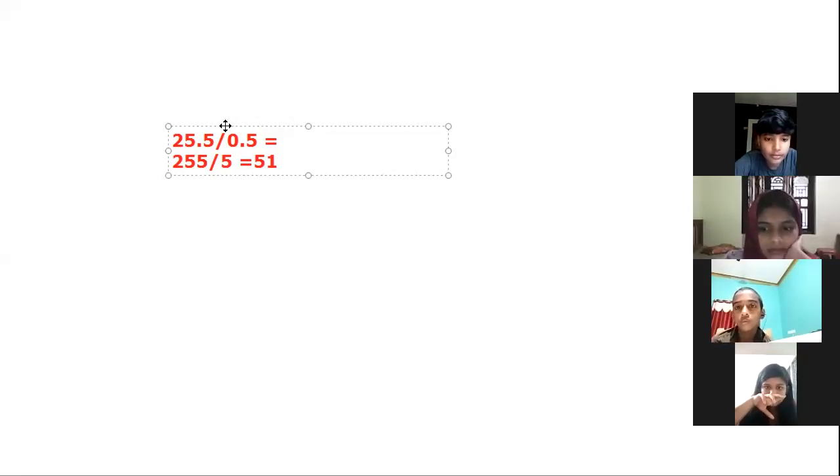In this case, as we discussed in our previous class, in both the numerator and the denominator we have the same number of digits after the decimal point. Look here, 25.5, and in the denominator, this 0.5.